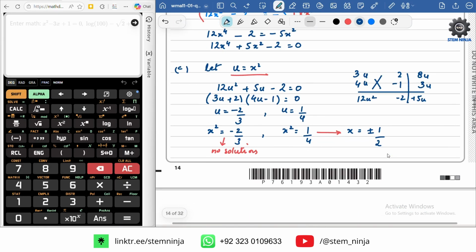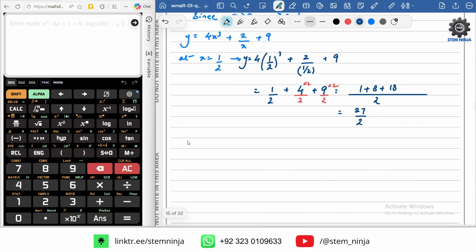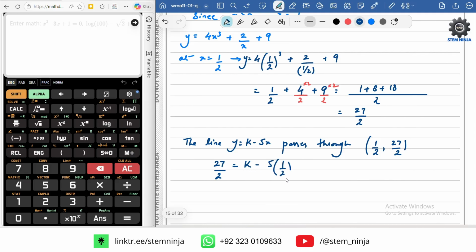Now we need the value of k. So the line y equals k minus 5x passes through (1 over 2, 27 over 2). So we plug this into this function. 27 over 2 equals k minus 5 times 1 over 2.